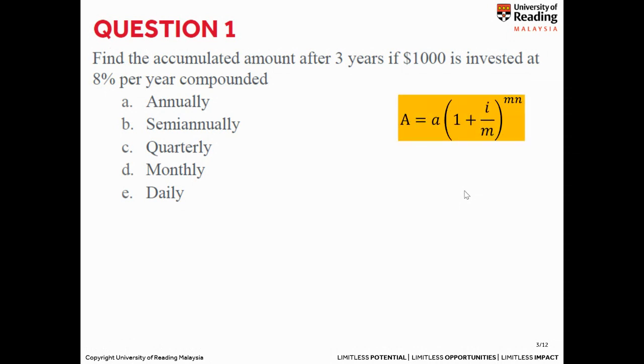So this is a formula that you need to use. Please pause the video and solve the 5 parts, and you shall continue with the video when you have completed all the 5 parts to check your answer.